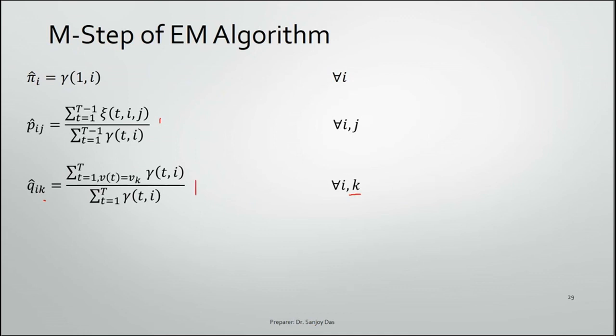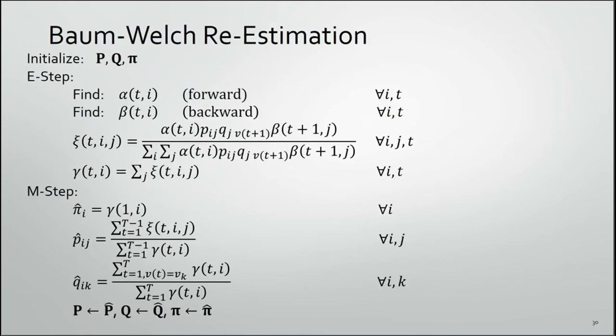And that's the M step of the EM algorithm. Combining them, we have the E step and the M step. We initialize in an intelligent manner because the EM algorithm is very slow, so we have to intelligently initialize P's, Q's, and Pi's.